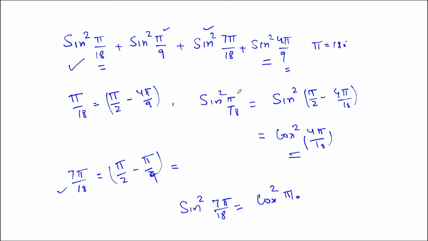Means I'm converting this number into cos square pi by 9, and sine square pi by 9 is given. So the sum of these two will be 1, and already we have seen the sum of these two will be 1. So, the beautiful question, and you are easily getting the answer as 2.